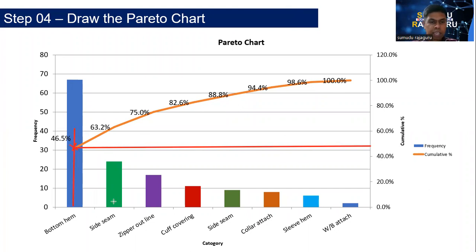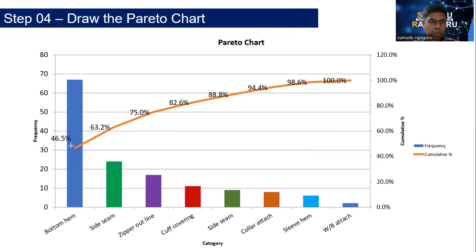Then when we come to the side seam, first we take the middle like this. Then based on the cumulative frequency from this axis, we can mark this. Likewise, first we mark this point.